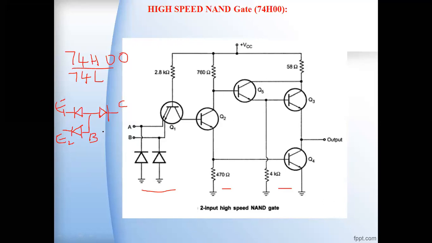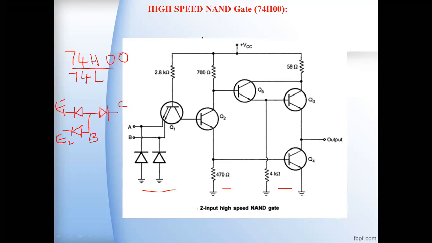Now you see, it is quite similar to what we discussed in the morning session. In the morning session, we realized a diode AND gate by taking two diodes, which were Schottky diodes, because that TTL logic family is the low power Schottky.